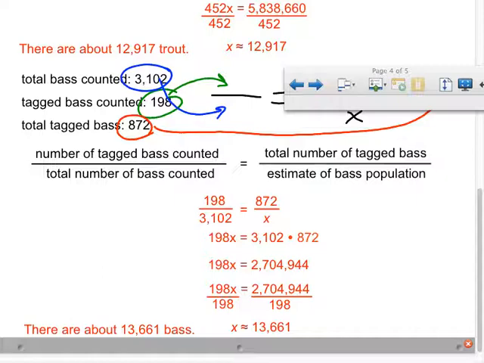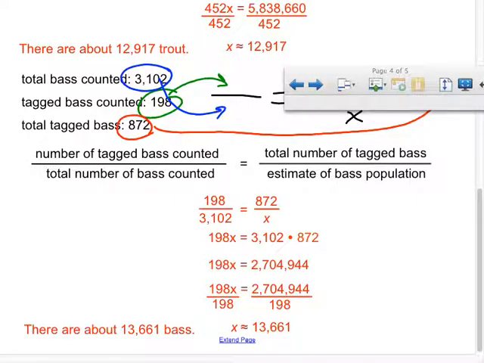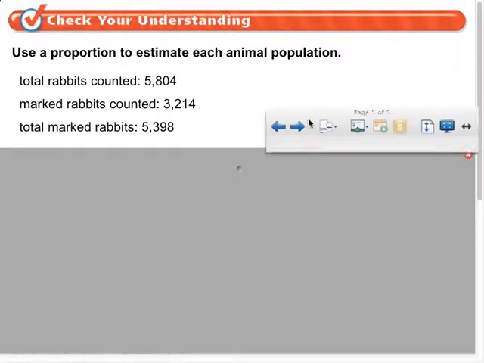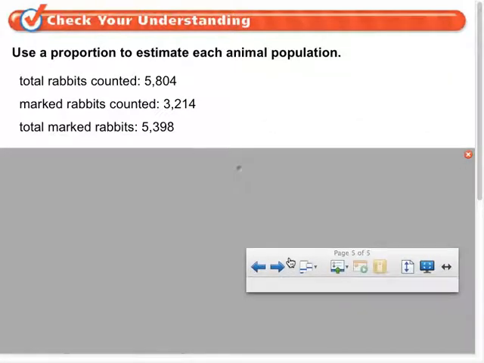All right. Next, two more to go. Estimate the animal population. We got rabbits we're dealing with.